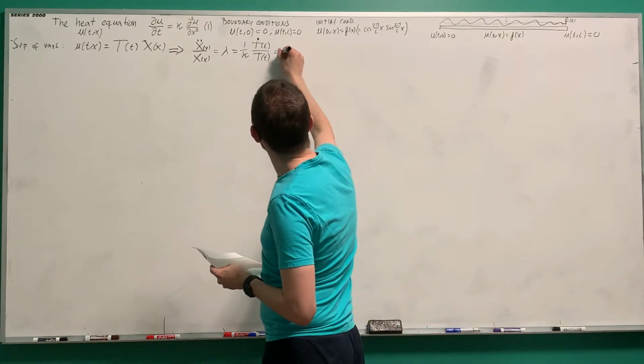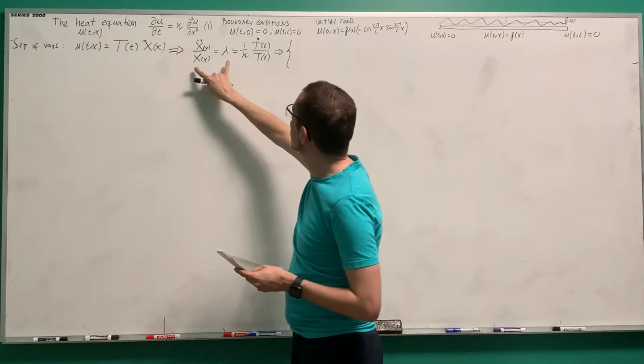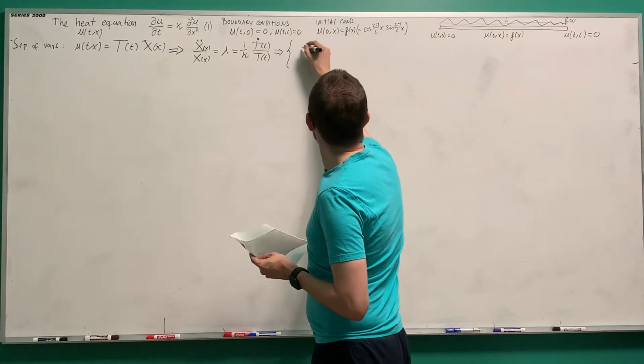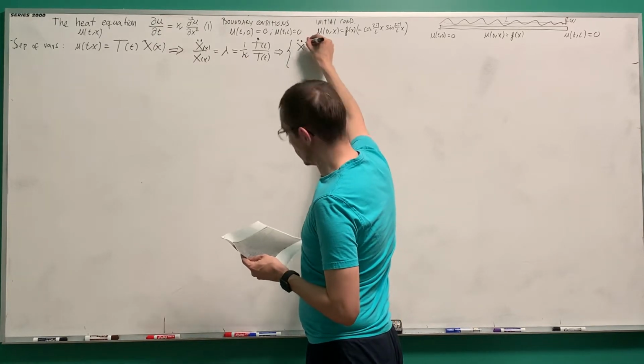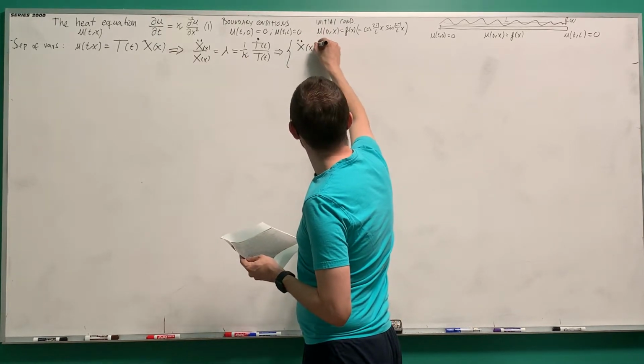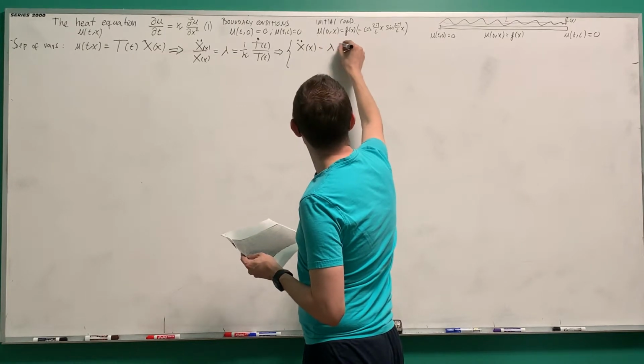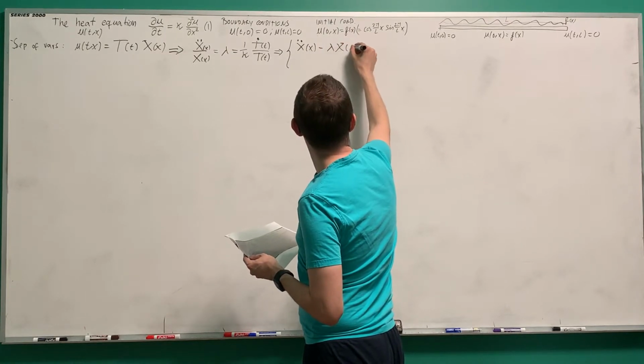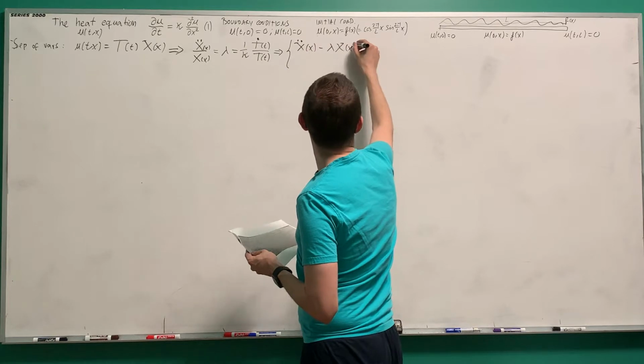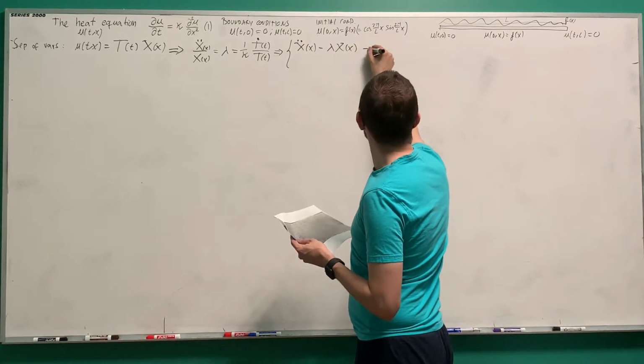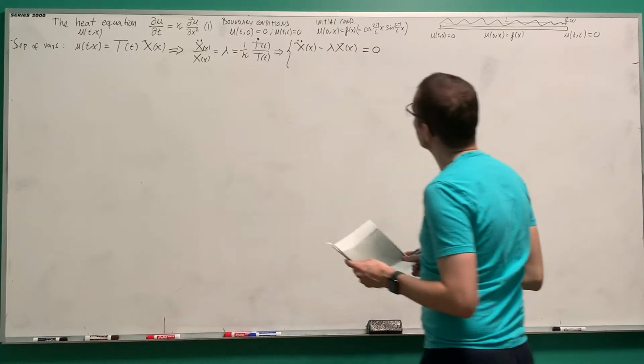So this thing yields 2 equations, right? Reading this one, we get X double dot of x minus lambda X of x, this is a capital X of course, equals 0. All right?